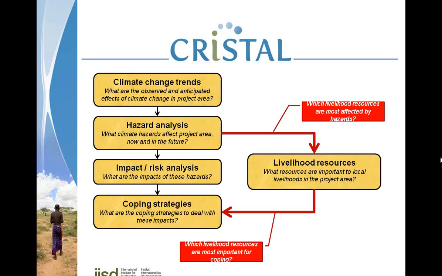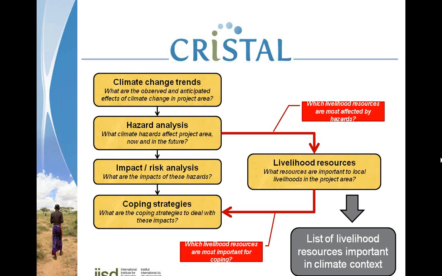On the other hand, CRiSTAL also looks at which livelihood resources are most important for the coping strategies that the local population uses to confront climate impacts. From this analysis, a list results that contains all the livelihood resources that are considered important in the climate context. This includes both those livelihood resources that are affected or heavily affected by hazards, as well as those resources that are considered important for coping.